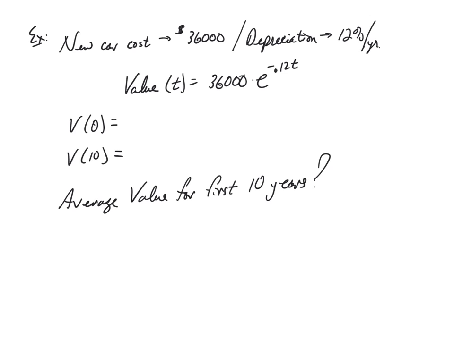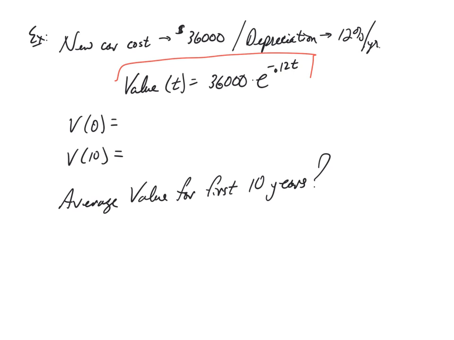I picked a car that has a depreciation rate of 12% per year. So just going back to pre-calc, I created an equation that would give you the value of the car after any number of years t. So it's 36,000 times e raised to the negative 0.12t power.